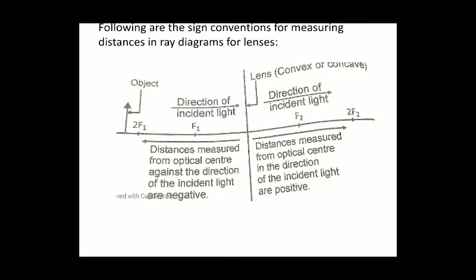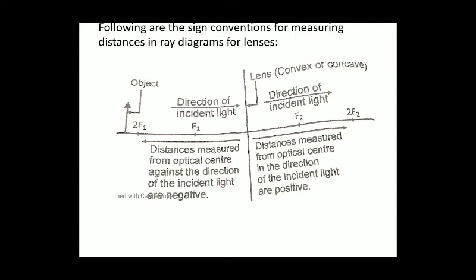Similarly, from the origin to the right, they are in the same direction of the incident light, and that's why these distances are taken as positive. So toward the right, distances are positive. Toward the left of the optical center, distances are taken as negative. Similarly, above the principal axis, distances are taken as positive, and below the principal axis they are taken as negative.